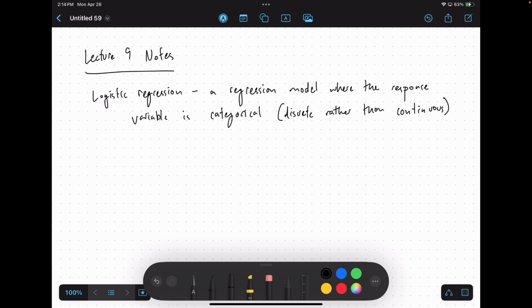So the simplest example, kind of in the same vein as we talked about dummy variables being a subset of categorical variables, is for binary outcomes.